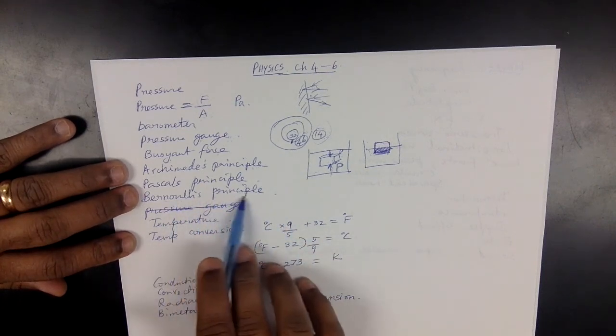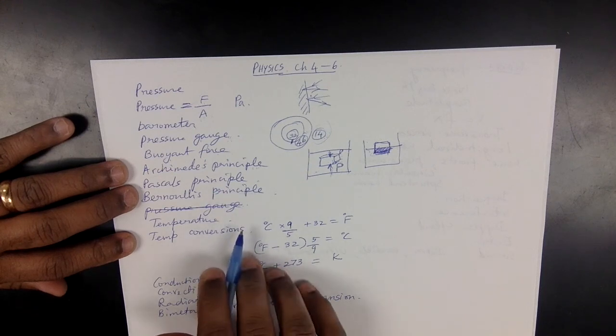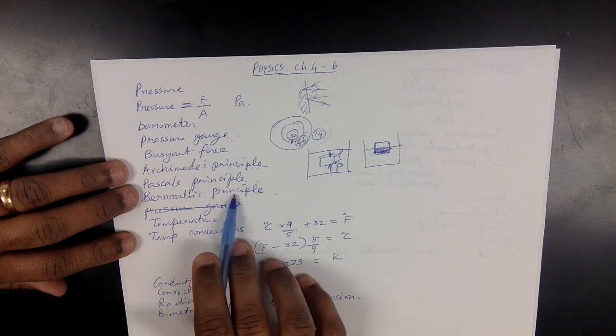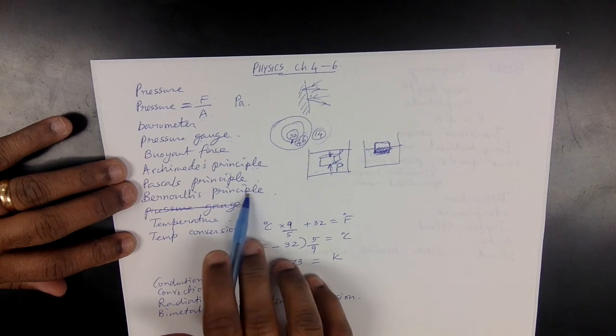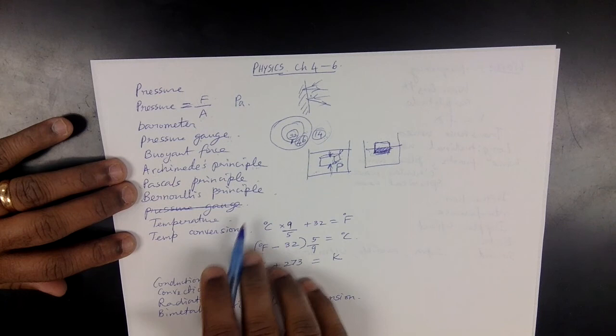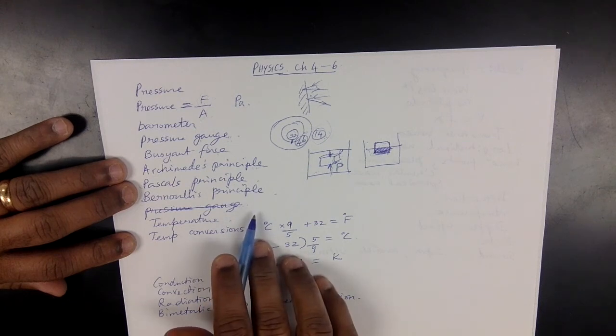Then we have Bernoulli's principle. What it says is wherever the fluid moves fast, the pressure goes down. We discussed in class a lot of examples about where the fluid can go fast and how it causes the pressure changes.